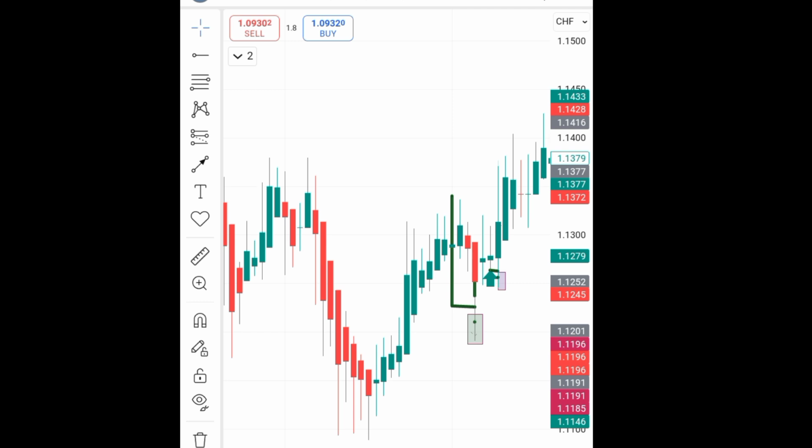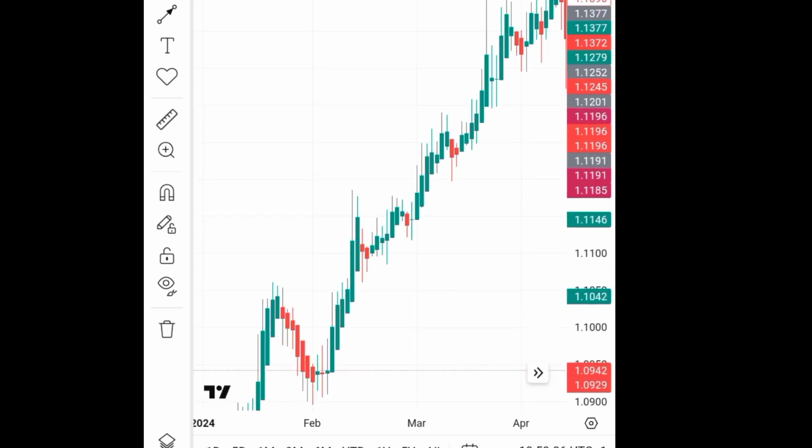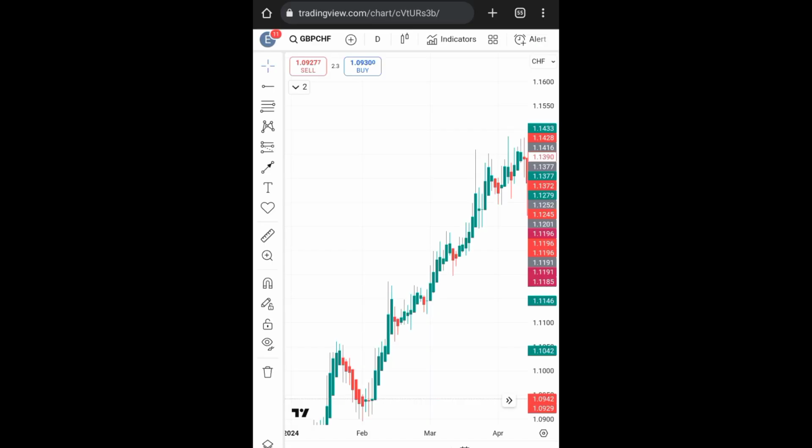So we have to mark the structure of this market before we do anything. You note one thing: they always say that wicks don't lie. So we are going to be focusing on the wicks of our daily structure, the wicks of the zones, and our TP.